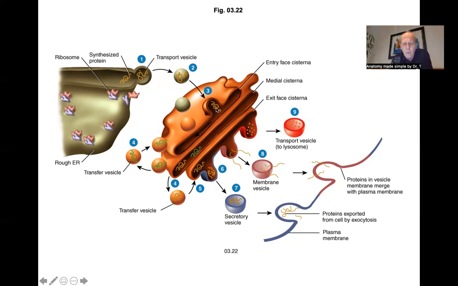So when the protein is finally formed in its secondary or tertiary or quaternary form, basically the ready product is shifted to the end of the Golgi apparatus, whether it is on its trans side, where it's going to be exported in the form of a secretory vesicle, or the protein might be recycled once again to let it have another pass through the Golgi apparatus if additional changes are required.